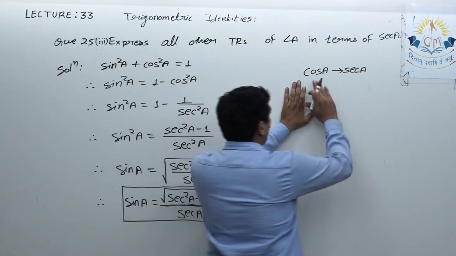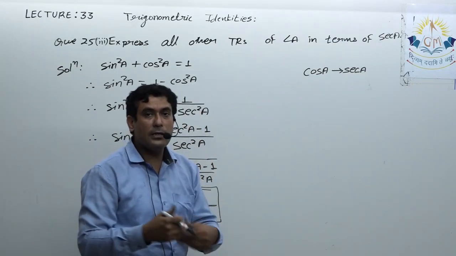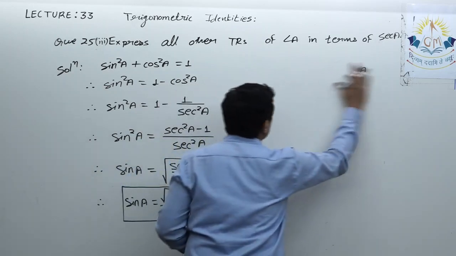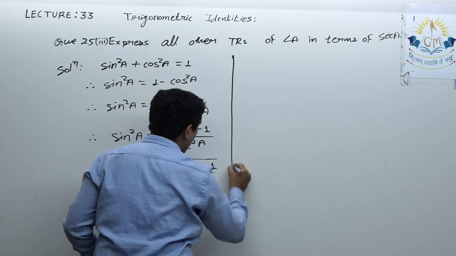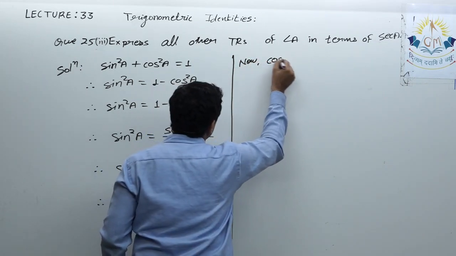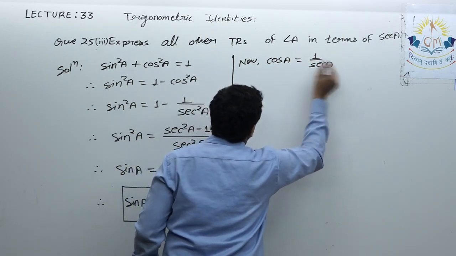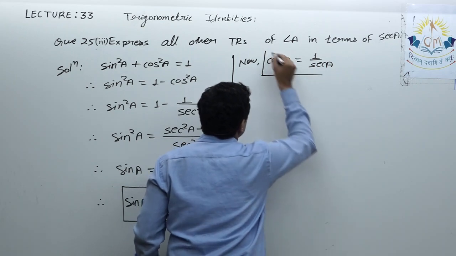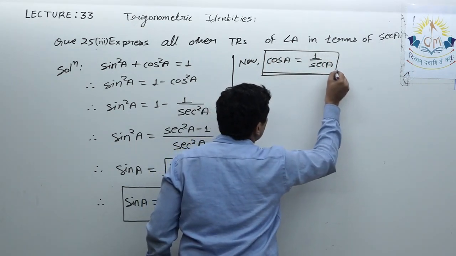So here cos A and sec A, yes, there is a direct relation. They are directly reciprocal of each other. So cos A is equal to 1 upon sec A. That's it. So here I expressed cos A in terms of sec A.